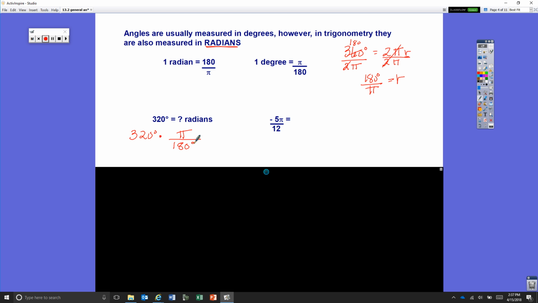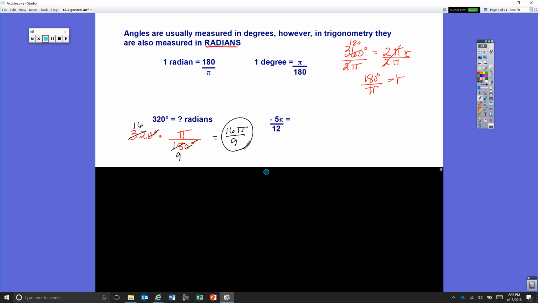Notice then your degrees cancel. Your zeros also reduce a 10. Then I see that there is a 2 in each. 2 into 32 is 16. 2 into 18 is 9. 16 and 9 no longer reduce, so in my numerator I have 16 pi, and in my denominator I have 9. So 320 degrees is equivalent to 16 pi over 9.